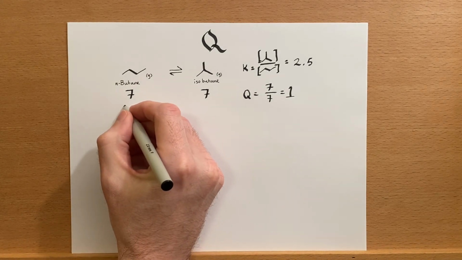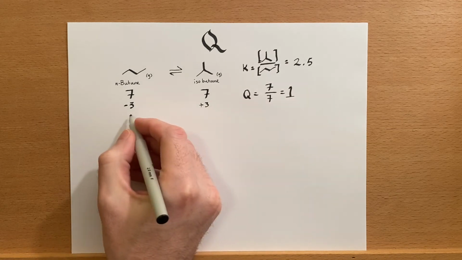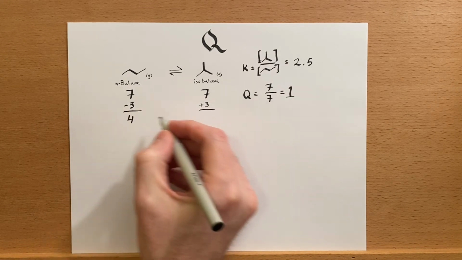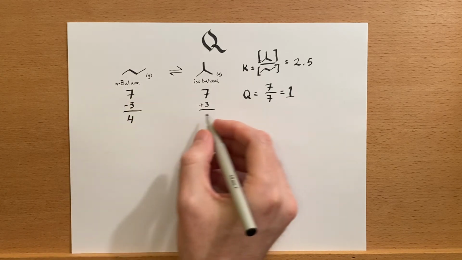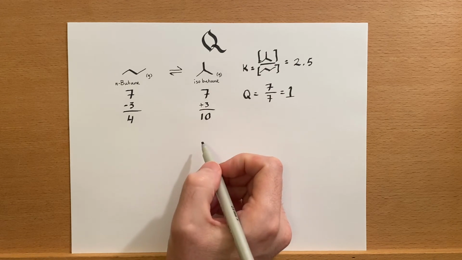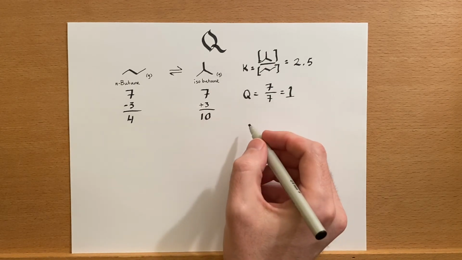So we'll say minus 3 here and plus 3 over there. And when we do that, we should have 4 of the N-butanes still left, and we'll have 10 of the isobutanes now. And let's see if we're at equilibrium at this point.